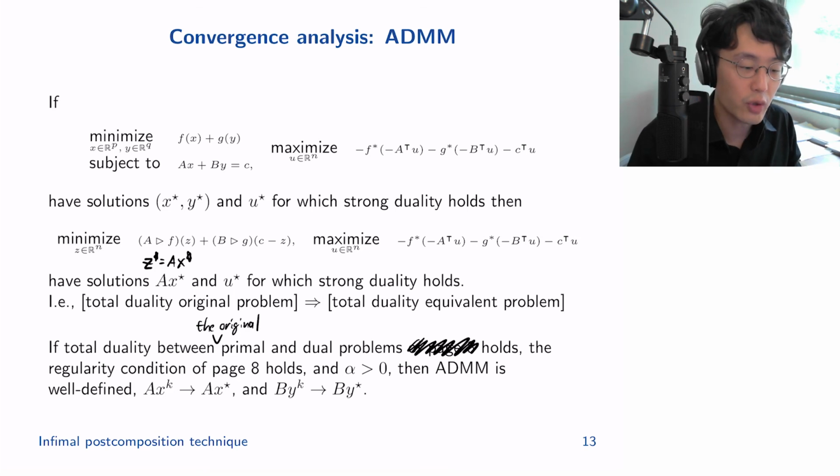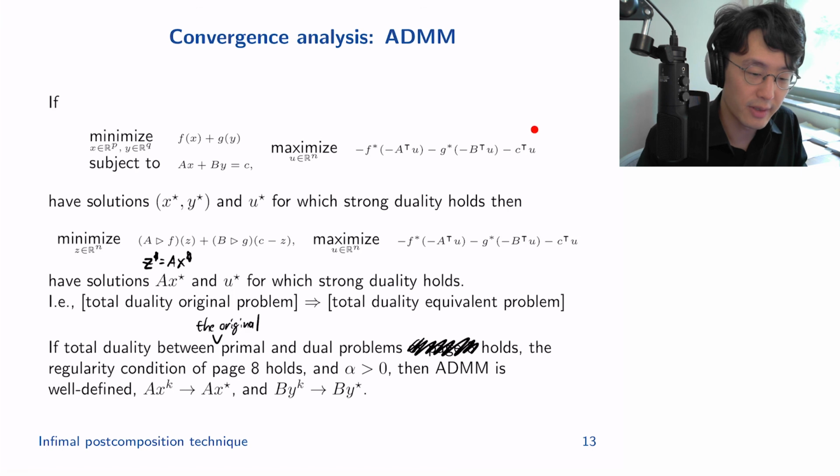But in order to ensure convergence of the DRS, we needed total duality, but it is more natural for us to assume total duality in this original primal dual problem pair rather than this equivalent transformed primal dual problem pair. So we established that total duality of this primal dual problem pair implies total duality of this equivalent primal dual problem pair, and that in turn implies convergence of the DRS FPI.